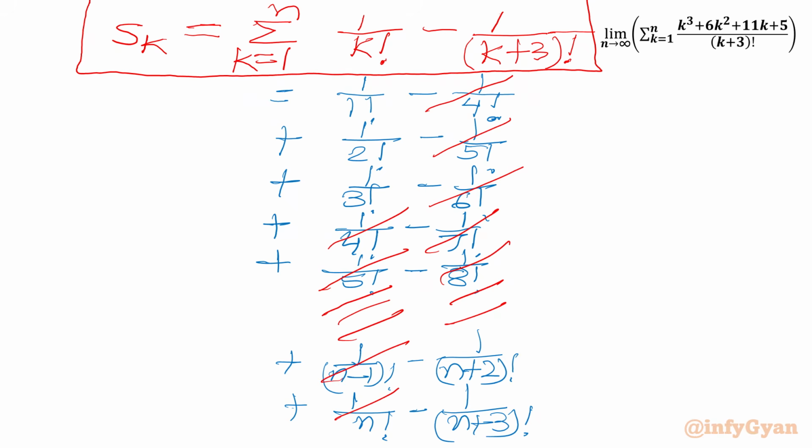except 6 terms. I would say 3 from the top and 3 from the bottom. So we are going to write Sk equal to 1 over 1 factorial plus 1 over 2 factorial plus 1 over 3 factorial, minus 1 over n plus 1 factorial, minus 1 over n plus 2 factorial, minus 1 over n plus 3 factorial.